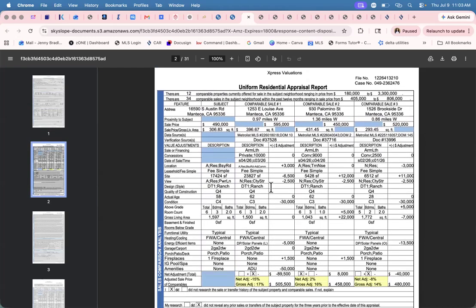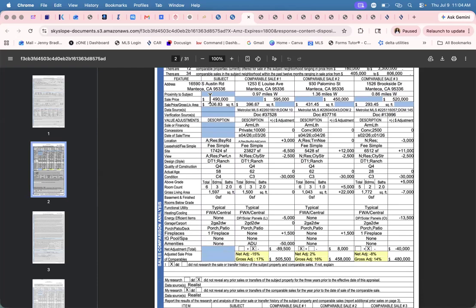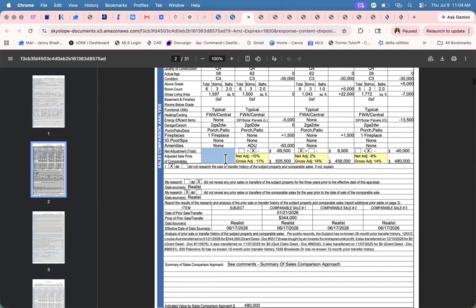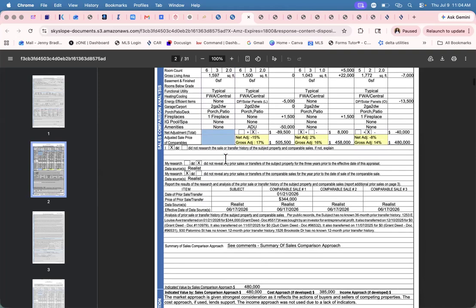Okay. This is the appraisal report. So these are all of the comparables. So you have these ones right here, these ones right here, this one right here. This is what we're in contract for, 490. And go down a little bit.